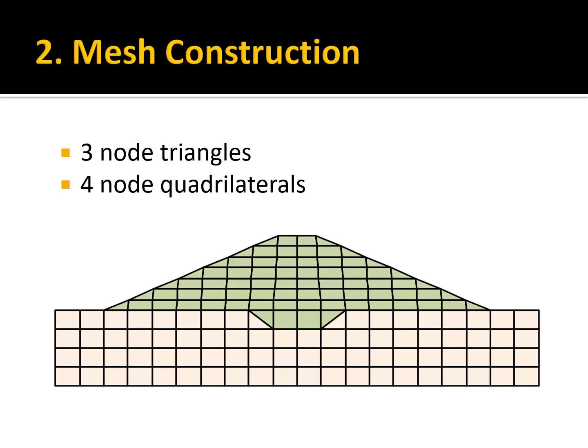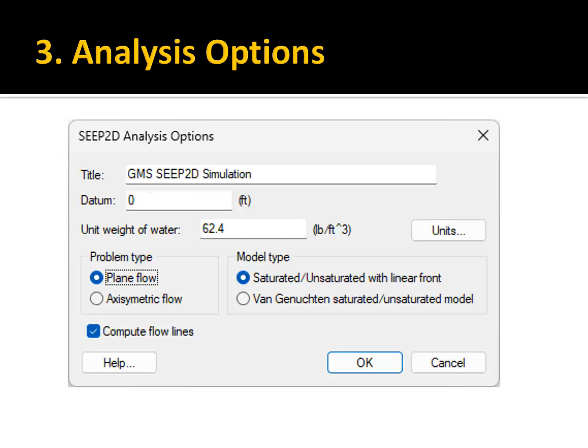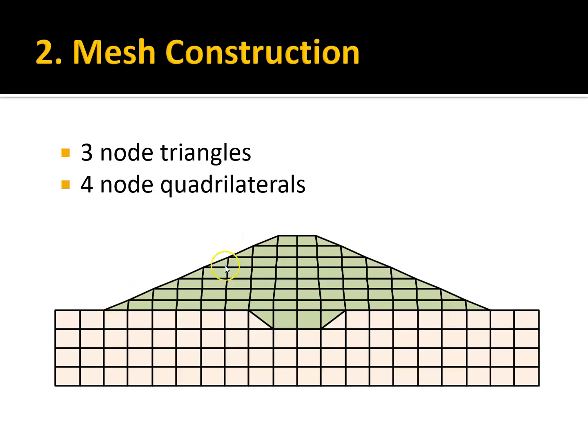It's actually most common to use triangles because, in the GMS interface, automatically generating a grid using triangles is a really fast and easy way to build a mesh. So once you've built your mesh, and by the way, let me back up a little bit.